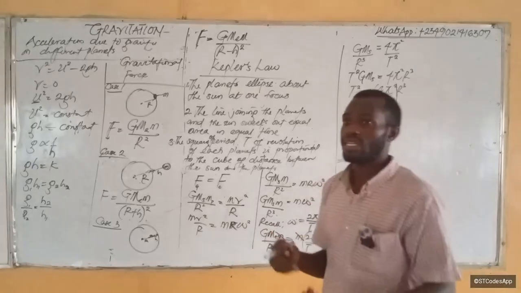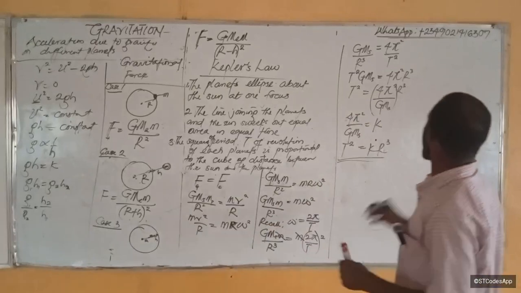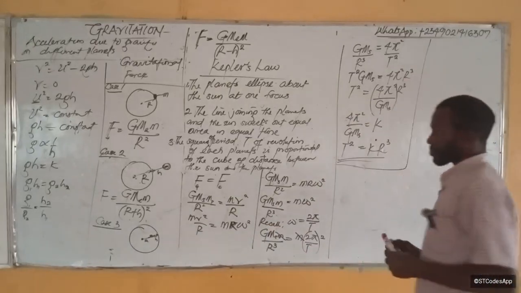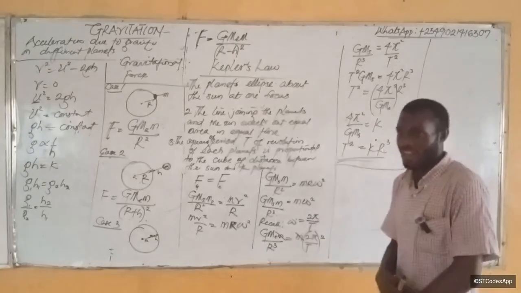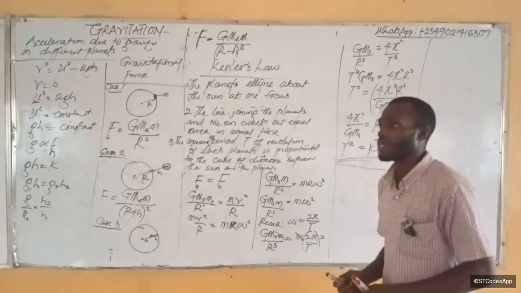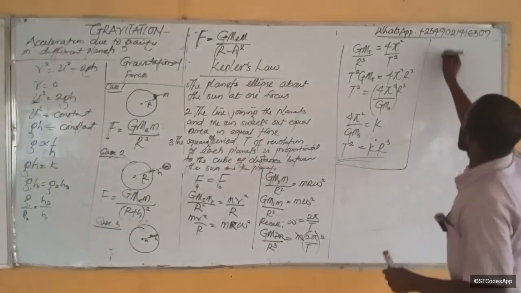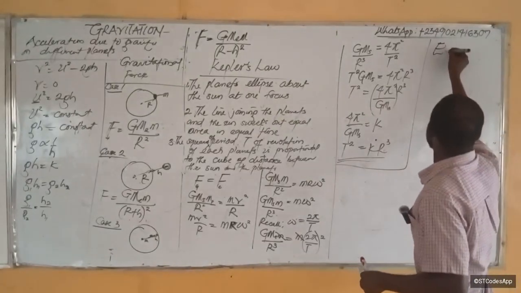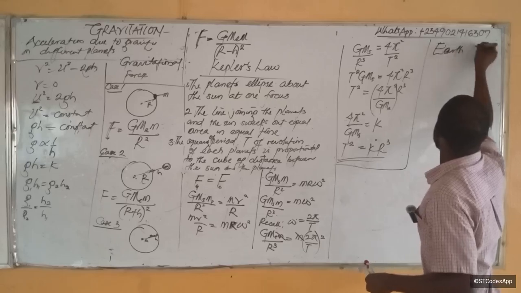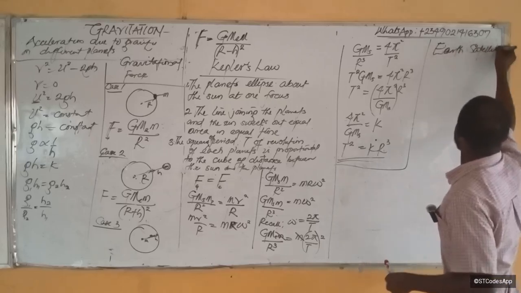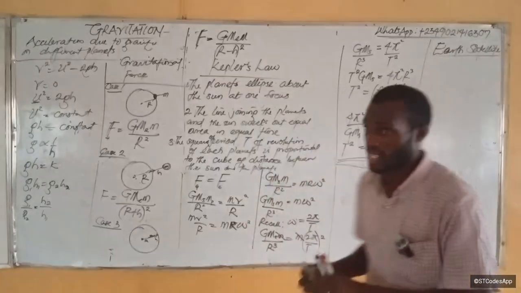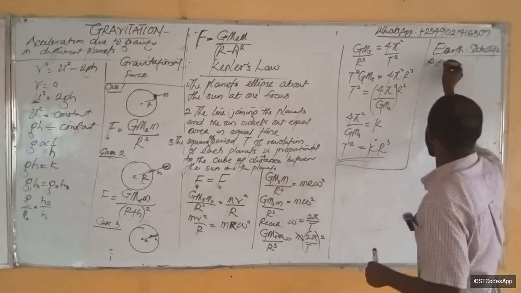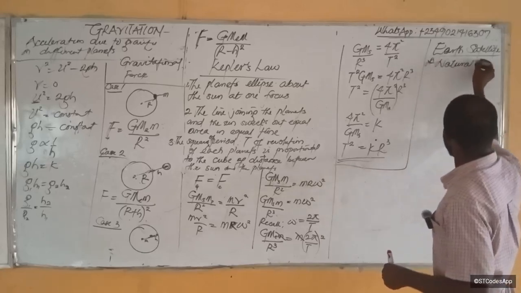Now, let me quickly roll you to this. There are many things you can also do with Kepler's law, but we're not doing that now. So let's quickly talk about Earth satellites. Any object that is moving around the Earth could be termed a satellite, and there are two types.